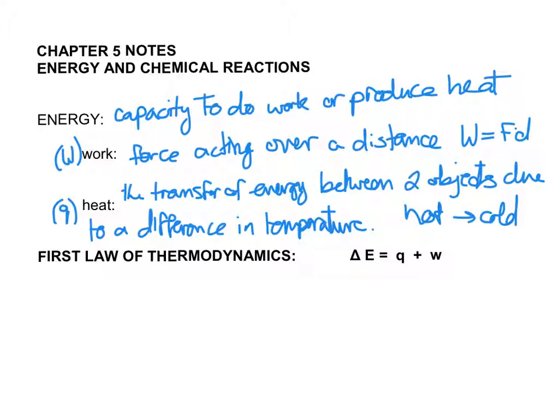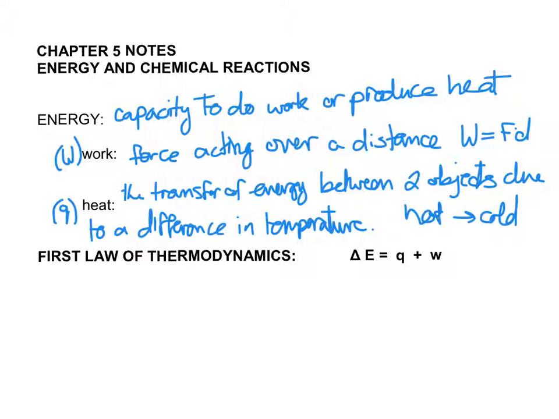Remember that the average kinetic energy is related to the temperature, so the hotter an object is, that means its molecules have a higher average kinetic energy. So if I hold a cup of coffee in my hand, the energy is going to transfer from the coffee to my hand. Let's say I hold a piece of ice in my hand. My hand is the same temperature, but the piece of ice, of course, is colder. So now my hand will transfer energy from my hand to the piece of ice. So it's always going from hot to cold.